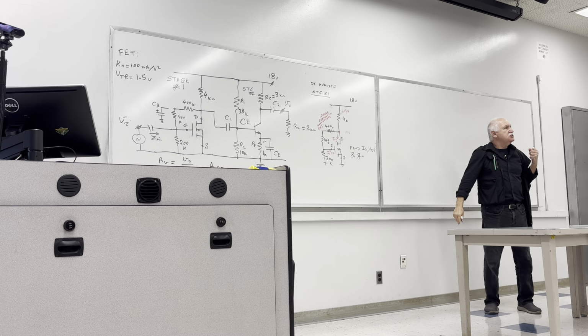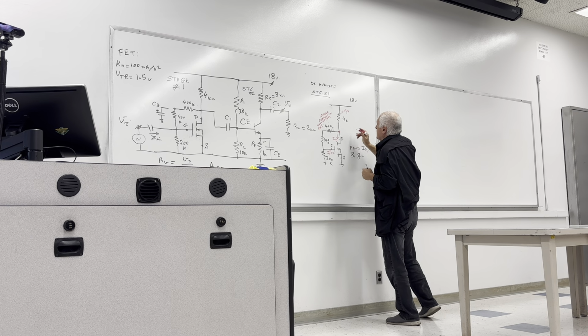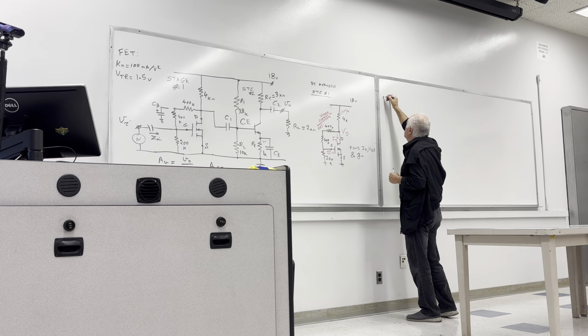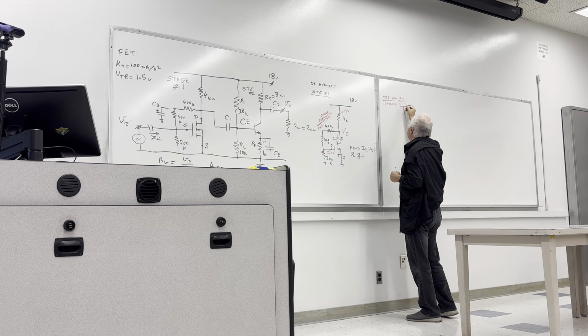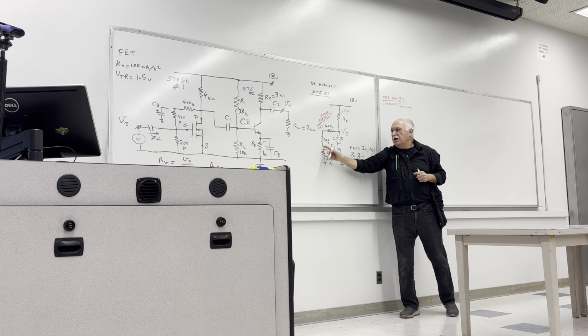See how easy then the calculation will be. You will have, call it V of the D. Call that current ID. So node equation at D, at the drain, ignoring I of the 400, 400, 200K, ignoring, because that's a series assembly of resistors.